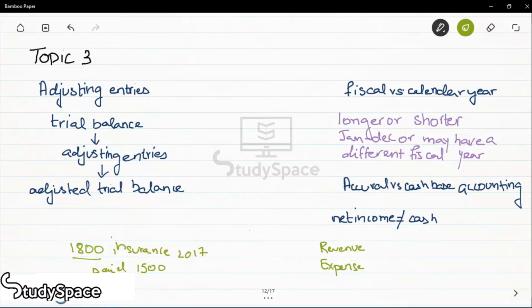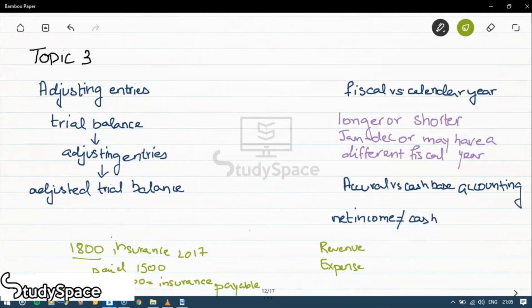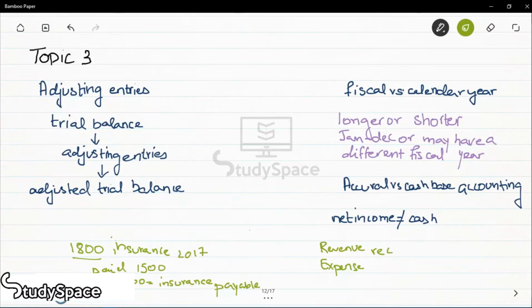The remainder, 300, would be noted as insurance payable, but we would charge 1800 as our insurance expense. So these principles are extremely important when we are accounting for adjustments after a trial balance.